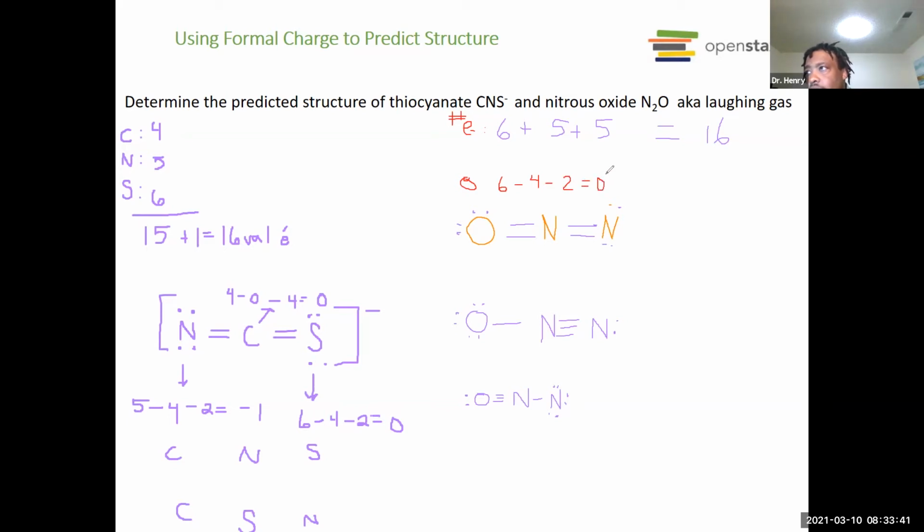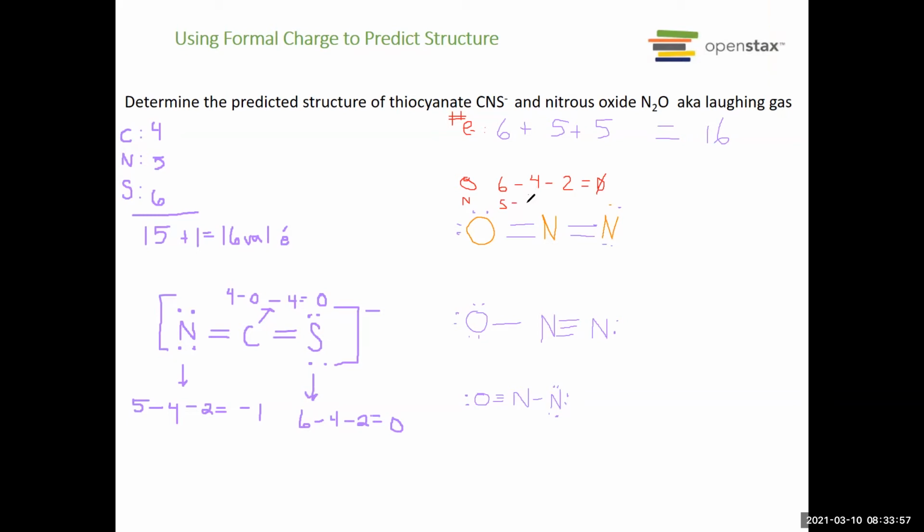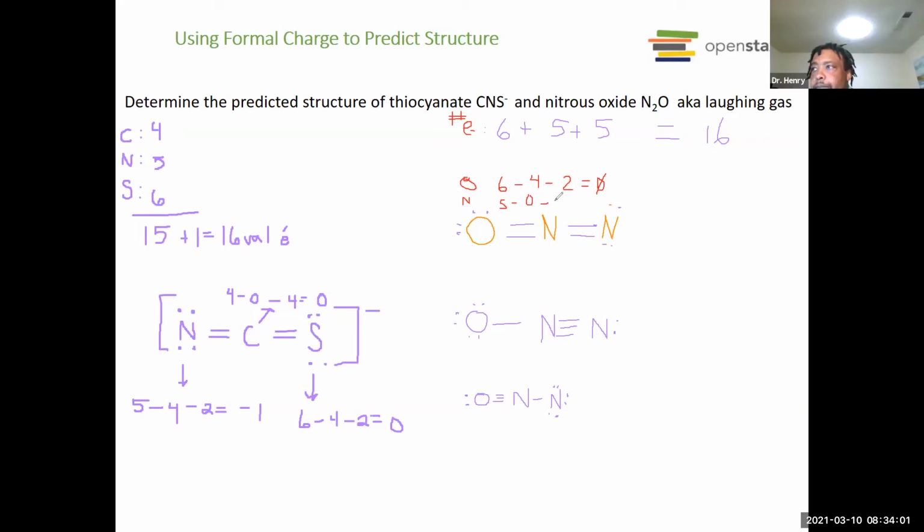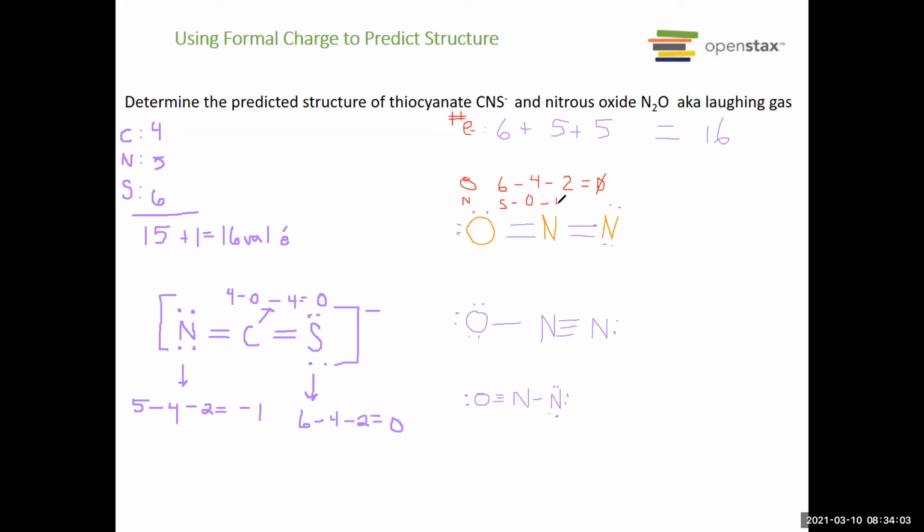Okay, and for nitrogen, the center nitrogen, we have 5 valence electrons. Number of lone pairs, 0. And number of bonds, 4.